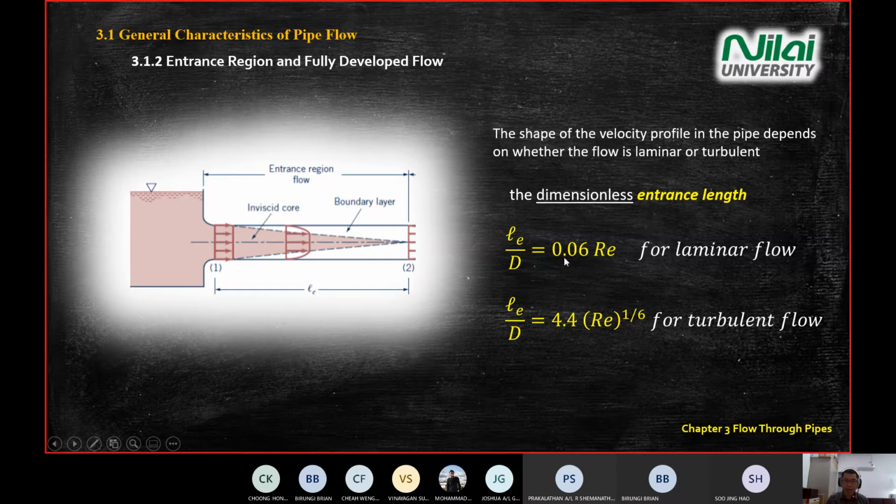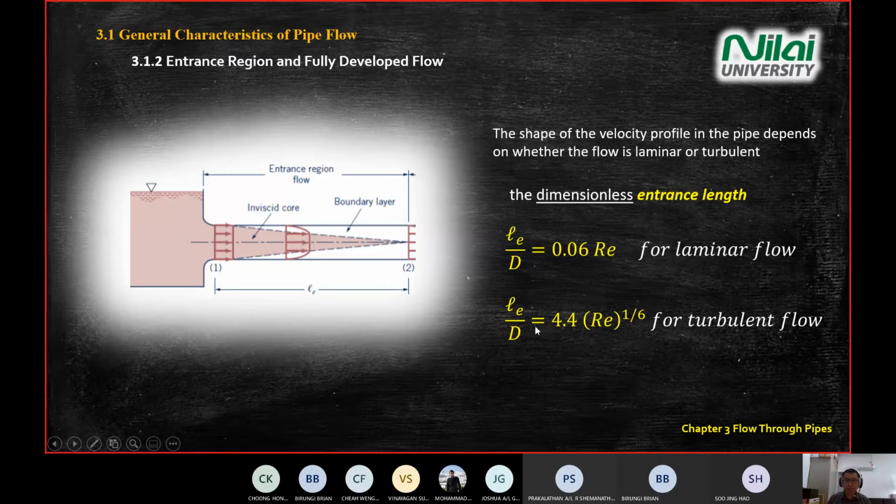If the value is 0.06 times Reynolds number, you get laminar flow. The definition of Reynolds number was given just now. And if you get 4.4 times the 1/6 root of your Reynolds number, then you have a turbulent flow.